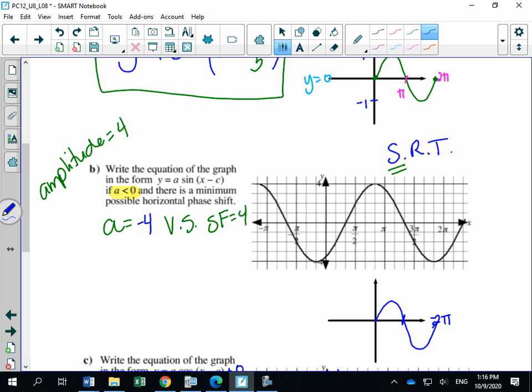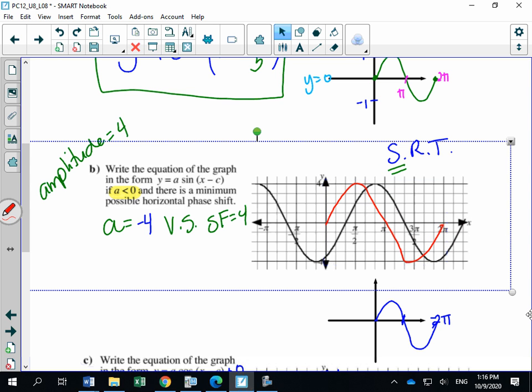So now to show you the reflection, here's what I have to do. This is the original graph. And I need to take that original graph. So it's undergone the stretch, right? So the stretch of 4, my y values were multiplied by 4.